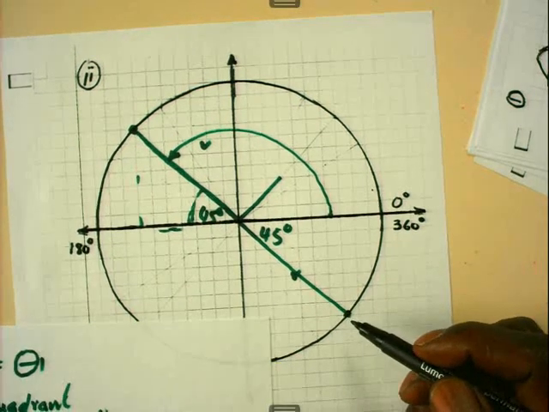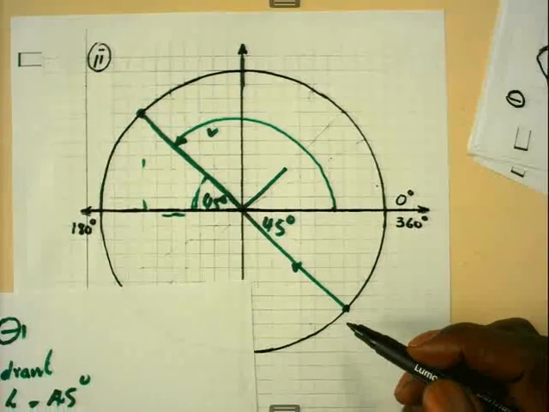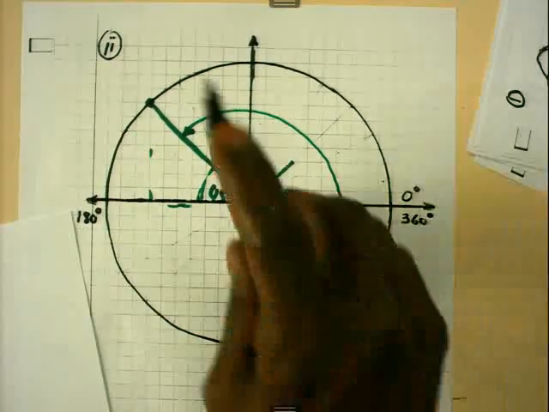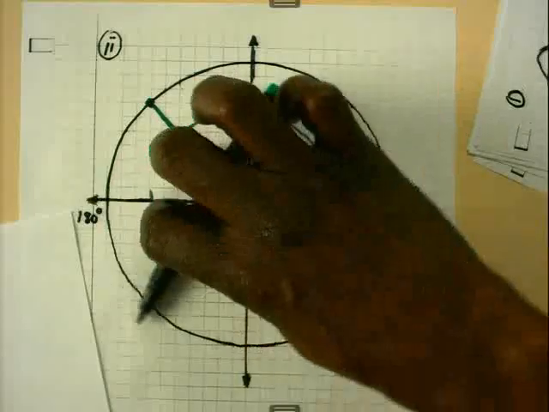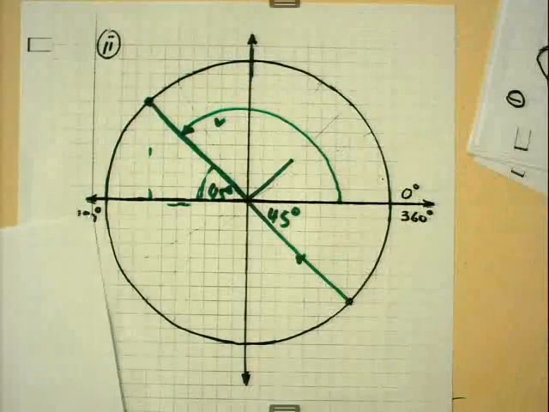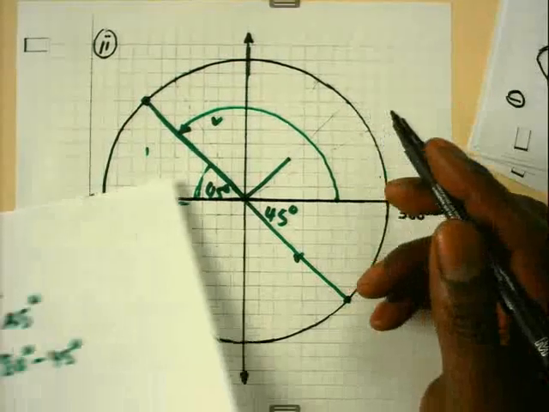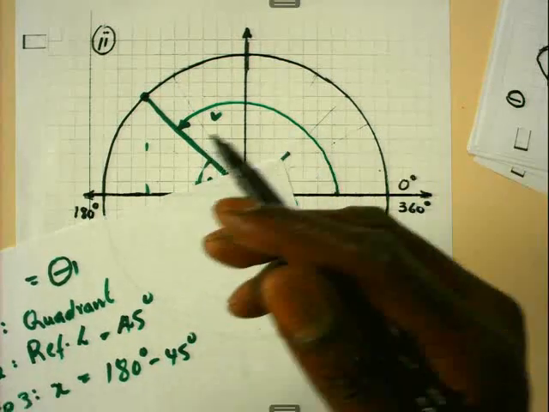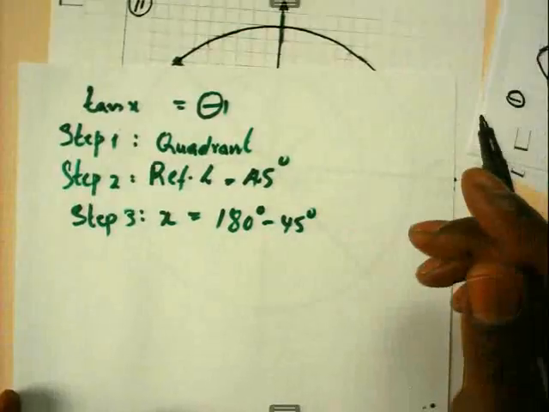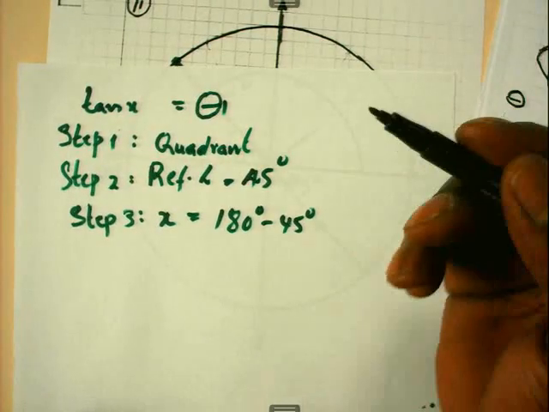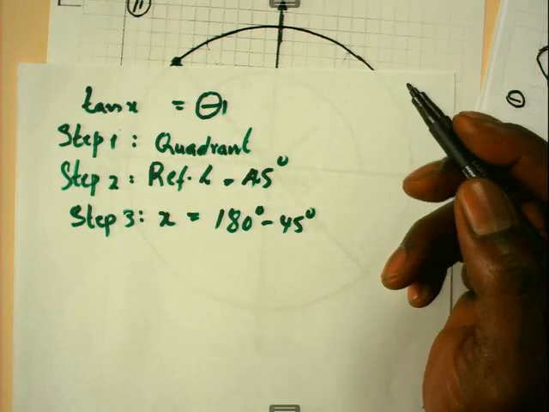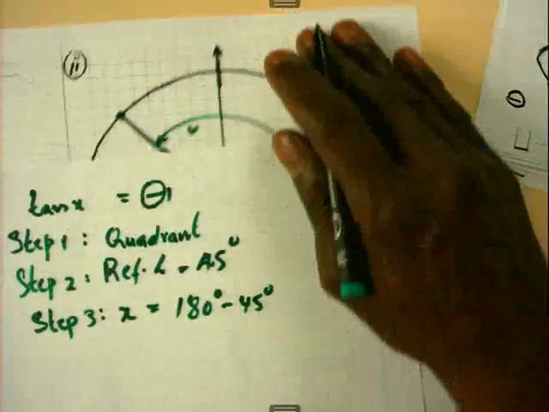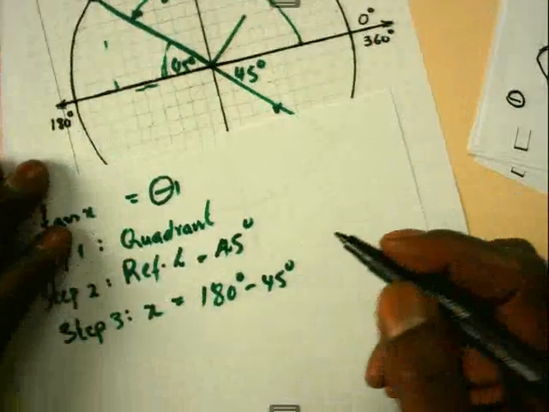That happens after how many degrees? I was here and I've rotated up to there. That happens after 180 degrees. In the case of sine and cosine, we had to rotate for 360 degrees, and in this case, we just rotate 180 degrees.